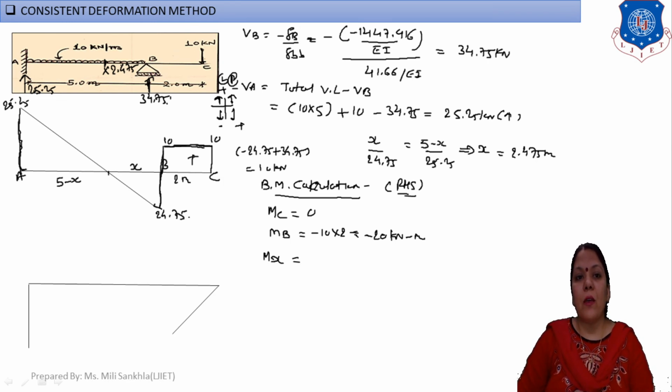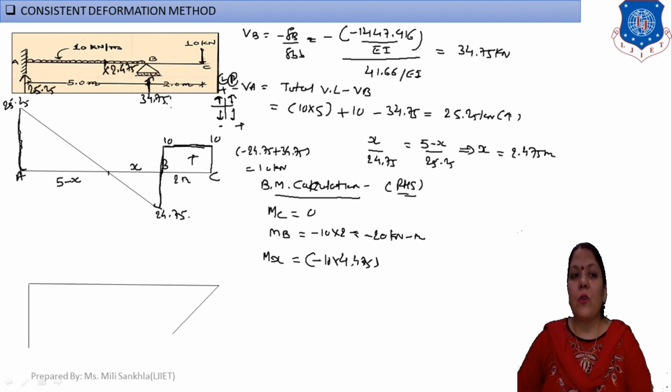Now this point load rotates in a clockwise direction, that means minus, 2 plus 2.475, 4.475. Mention here minus 10 into 4.475.